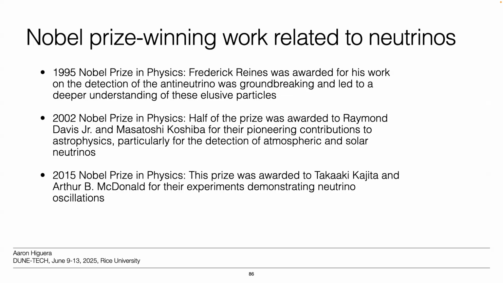And 10 years ago, the Nobel Prize in Physics was awarded to Professor Kajita and McDonald for the experiments demonstrating that neutrinos go through oscillation. These were the leaders of the atmospheric neutrino and solar neutrino experiments.